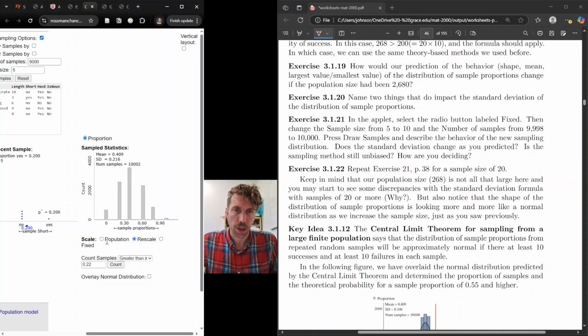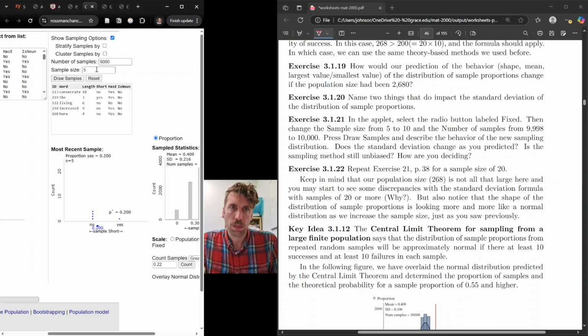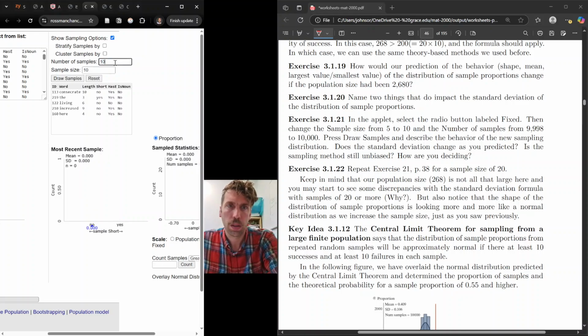Fixed. Okay. So then change the sample size from 5 to 10, and the number of samples to 10,000. Press the draw samples.